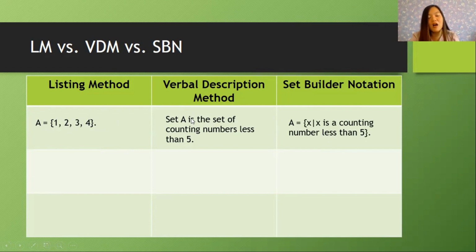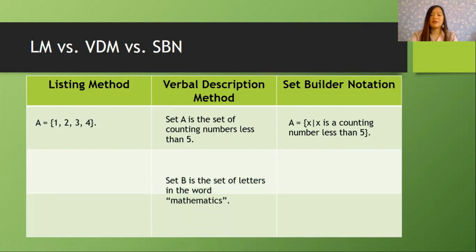So, it is like you just copy the verbal description, without the S, and then x such that x is that. Meaning x is an element inside the set A, which should be less than 5.